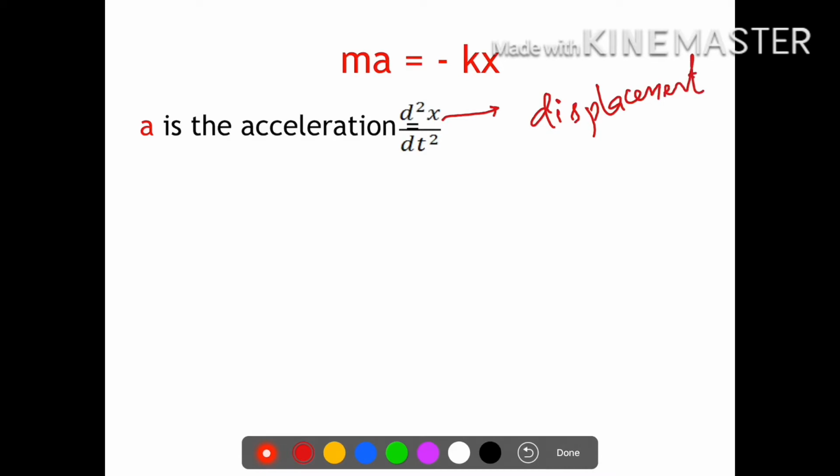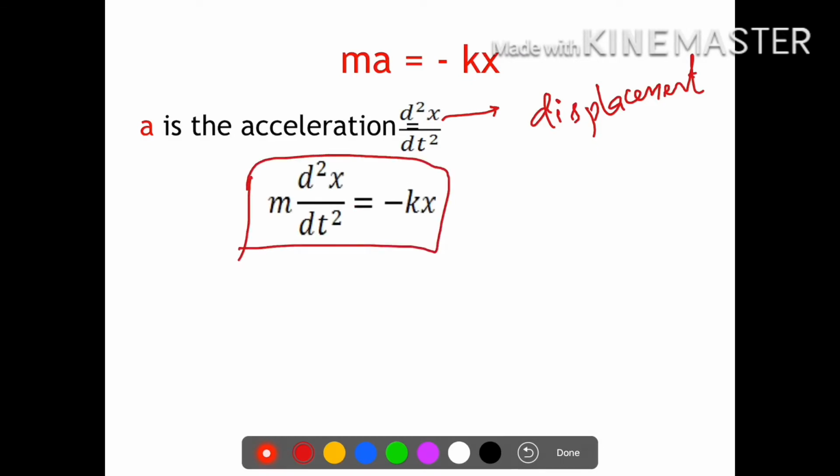So if you put a equals d square x dt square, then you will get an equation like this: m into d square x dt square equals minus kx. Here we got one new type of equation involving derivatives. Generally in physics you are acquainted with this type of equation.